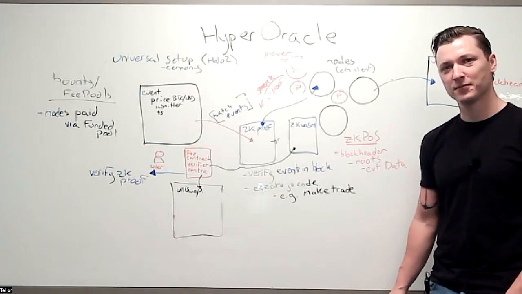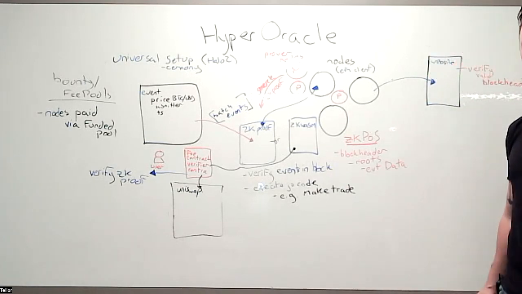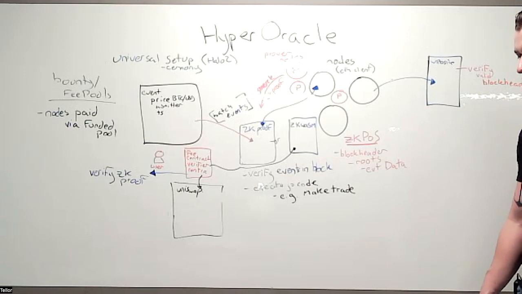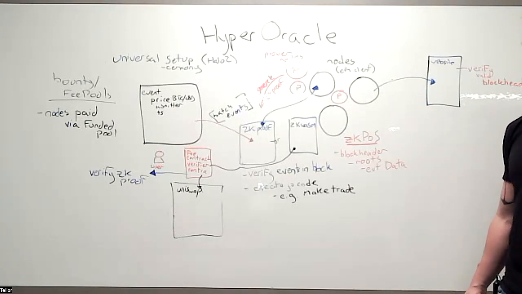At that time, the only option we had was RISC-0. They are basically building a ZK RISC-V virtual machine.